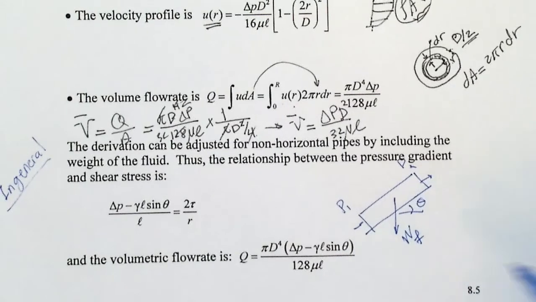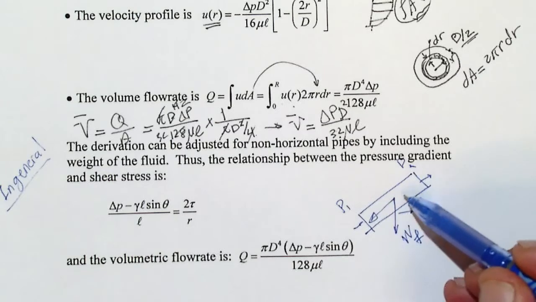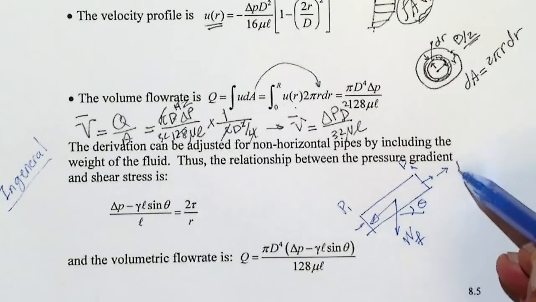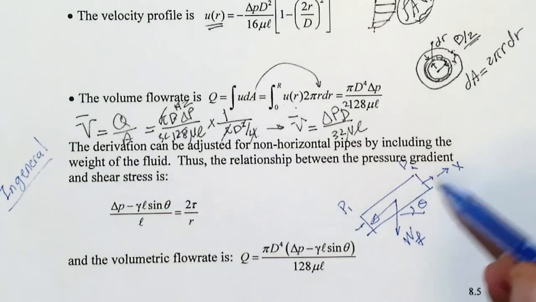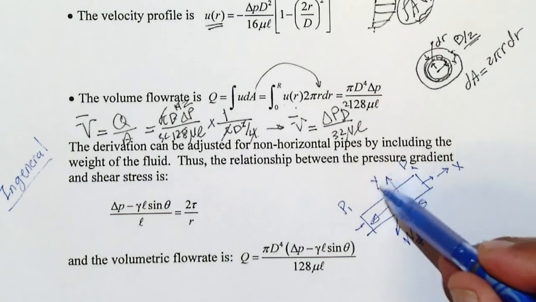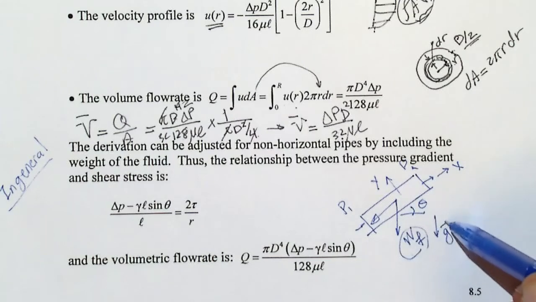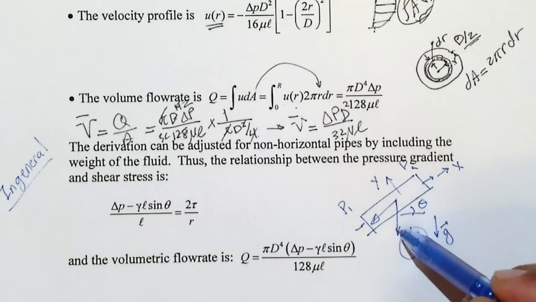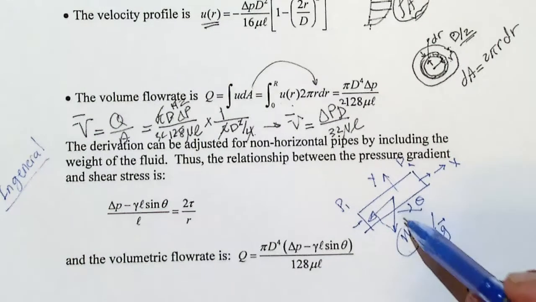If that's the theta angle, then one of the components of this weight force is going to be in the direction of your x. Okay, so if my x is in the direction of the pipe, and that's our y, by itself W is in the direction of g, right? So you have one component that comes in the direction of flow. How can we find it?